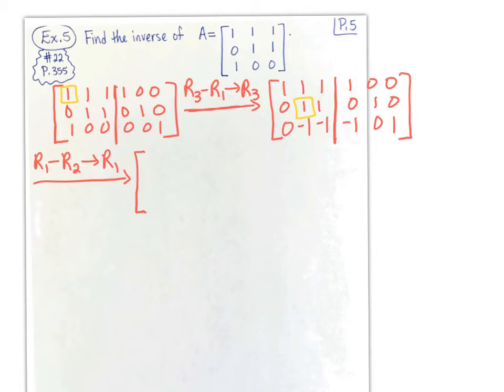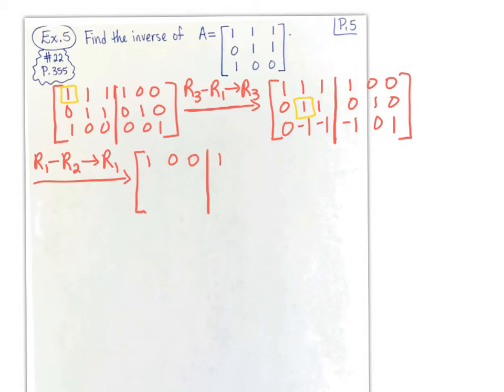So the first row is going to become 1 minus 0 is 1. 1 minus 1 is 0. 1 minus 1 is 0. 1 minus 0 is 1.